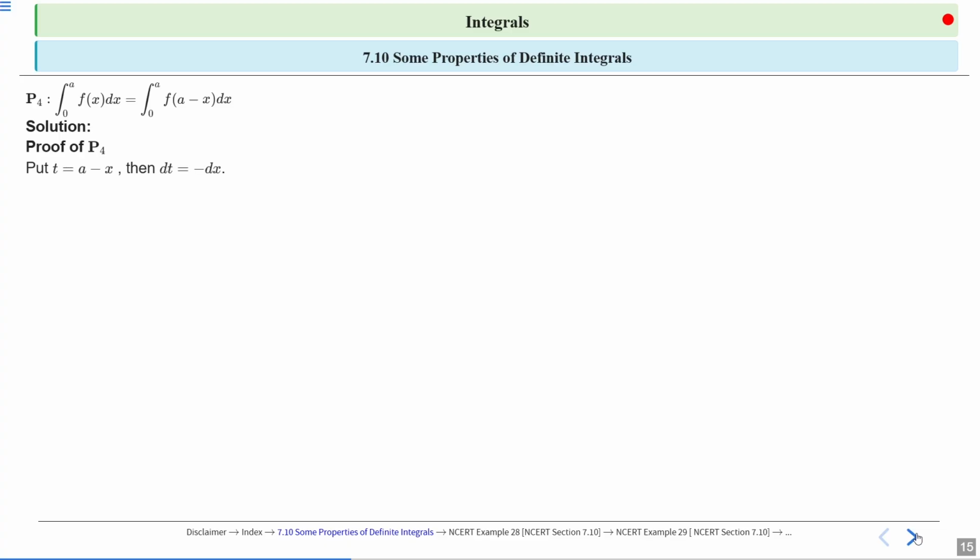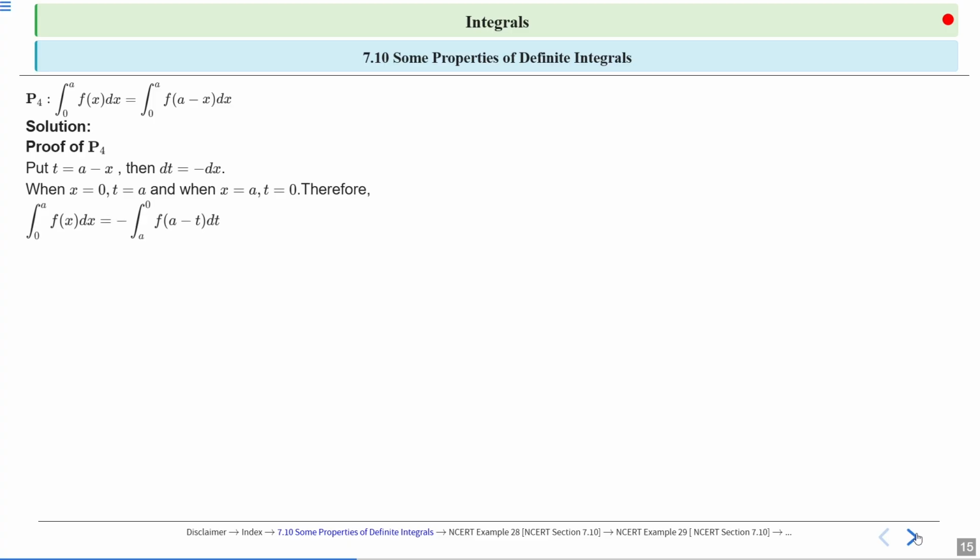To prove P4, we put t equal to a minus x, the same way we used to prove P3. So dt is equal to minus dx. Change the variable according to the new variable. When x is equal to 0, t is equal to a, and when x is equal to a, t is equal to 0. So now the limits vary from a to 0.